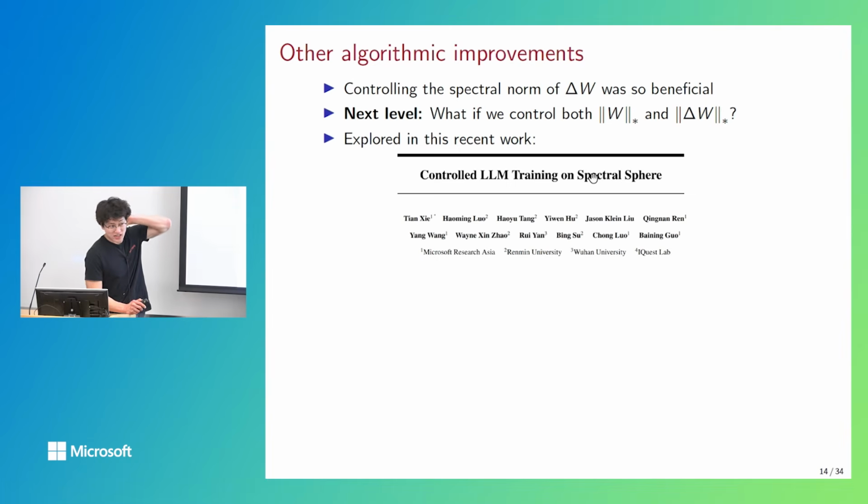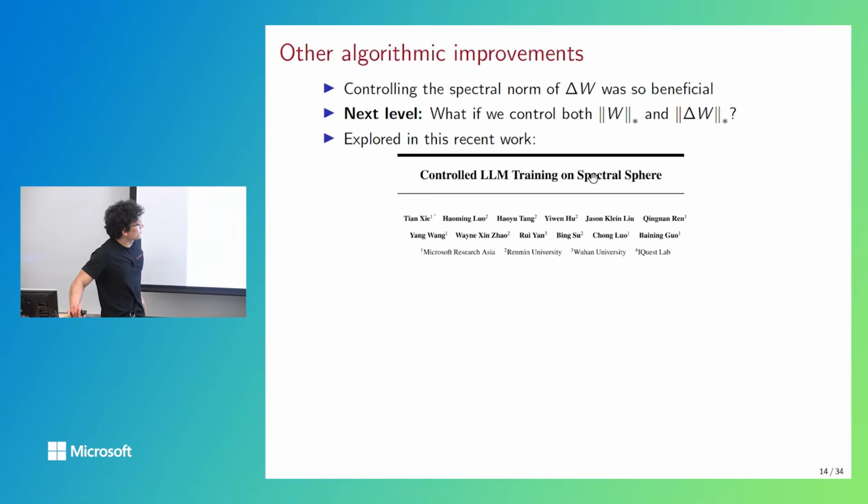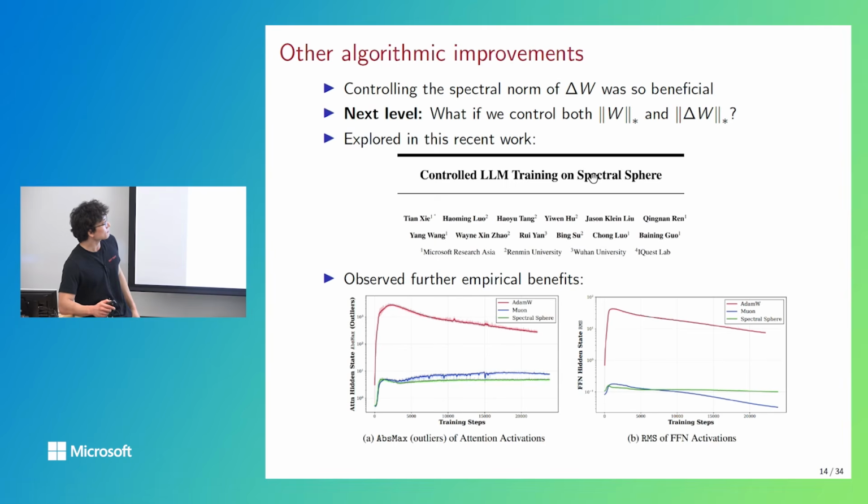This idea was explored by Microsoft Research Asia and their collaborators, in a paper called Controlling LLM Training on Spectrosphere. They basically add on top of the Mu1 orthonormal updates, which control the spectral norm of delta W, a spectral norm constraint on the weights themselves, and they have a numerical procedure to solve that.